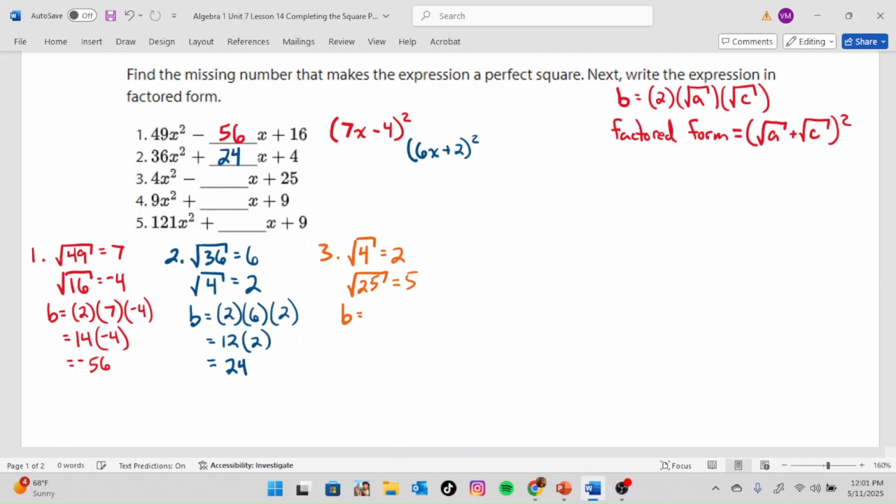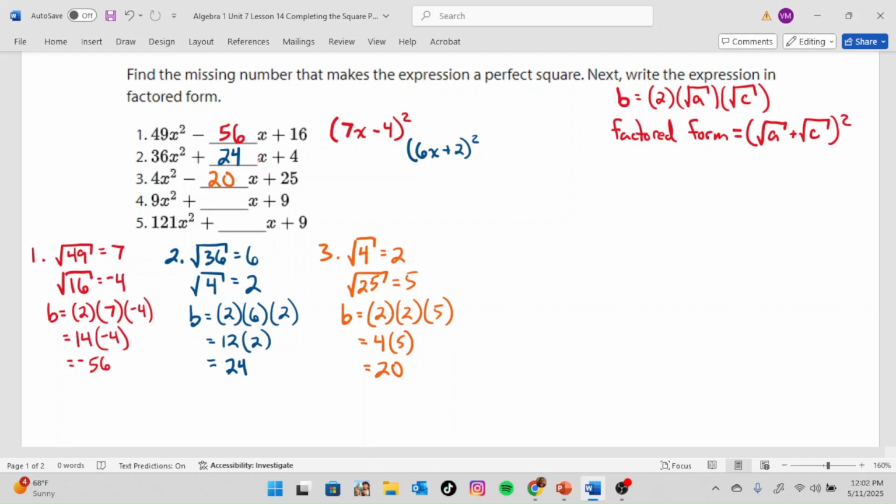So the b term is going to be 2 times 2 times 5. 2 times 2 is 4. And 4 times 5 is 20. So the missing number is 20.